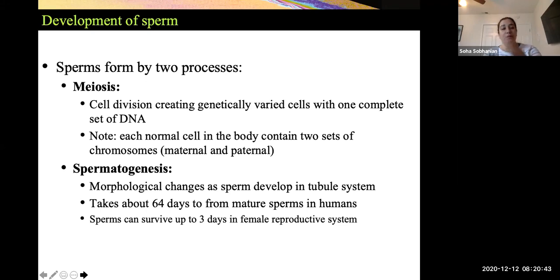And then eventually, when this sperm gets released into the female reproductive system, the highest level of survival is about 3 days. It doesn't mean that every sperm survives for 3 days, but many of them die even before that.